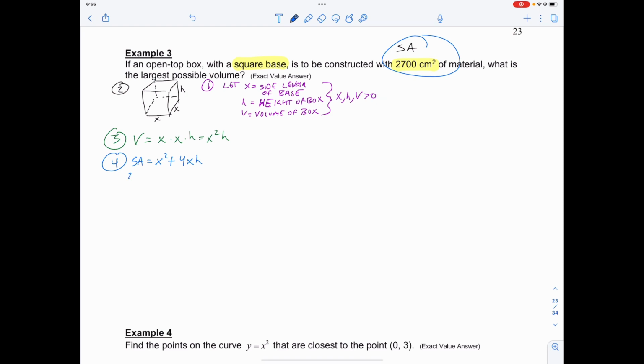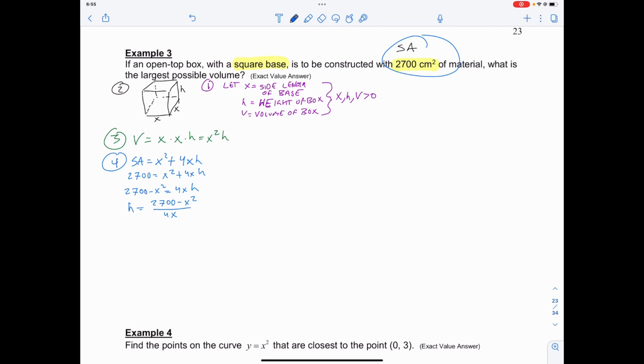Which means that if 2,700 is equal to x squared plus 4x times h, then 2,700 minus x squared is going to equal 4x times h, which means that h is going to equal 2,700 minus x squared, all divided by 4x.